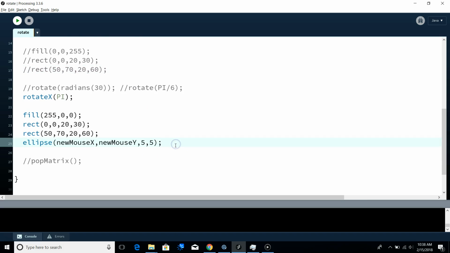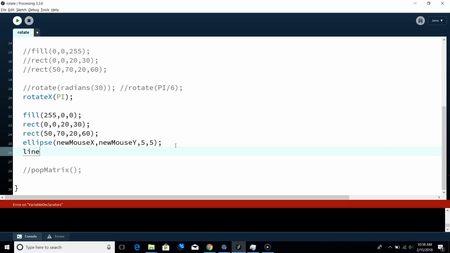So, I want to make a line from 0, 0, which is now the origin, right? Which is kind of the middle of my picture now, to new mouse x, comma, new mouse y. Okay, but now it's going to be the full distance, right? So my line's going to follow the mouse around and actually go to where the mouse is.